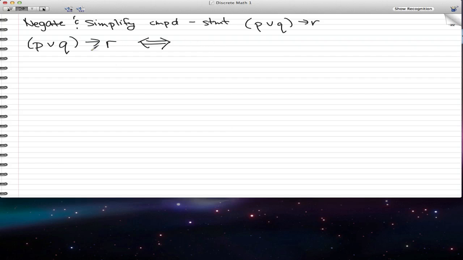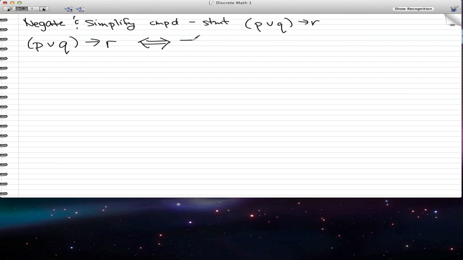So what we want to do first is to get rid of this implication symbol because implication symbols are really hard to work with. So if you see an implication symbol in your first statement, then as soon as possible, get rid of it.